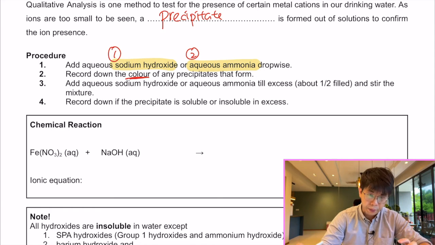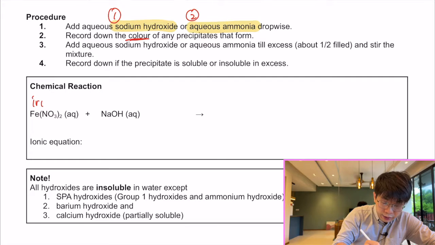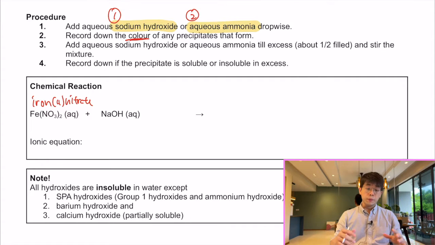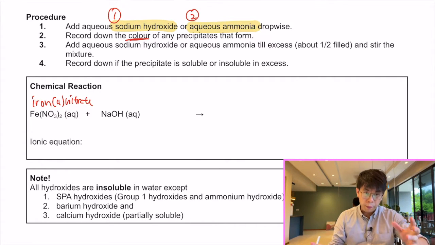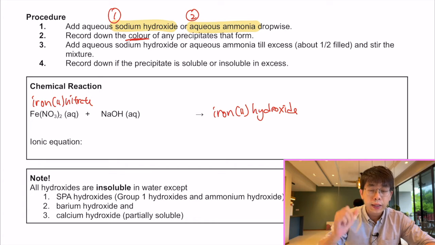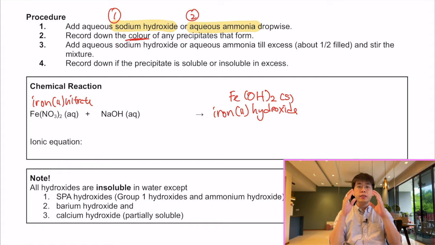So what is actually happening? Let's look at this chemical reaction over here. We have iron 2 nitrate, which contains the iron 2 ion, and it reacts with the sodium hydroxide. It will form a precipitate, iron 2 hydroxide. Because we have learned that all hydroxides are insoluble, this iron 2 hydroxide that forms will be solid, and we can see it.